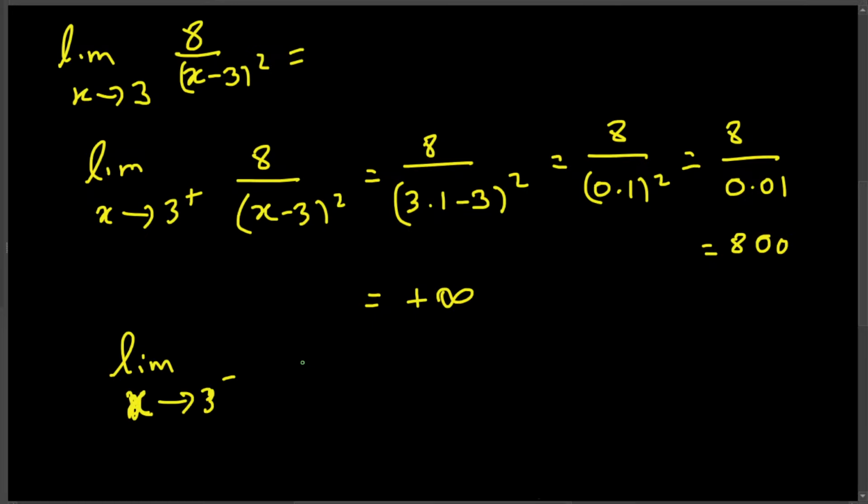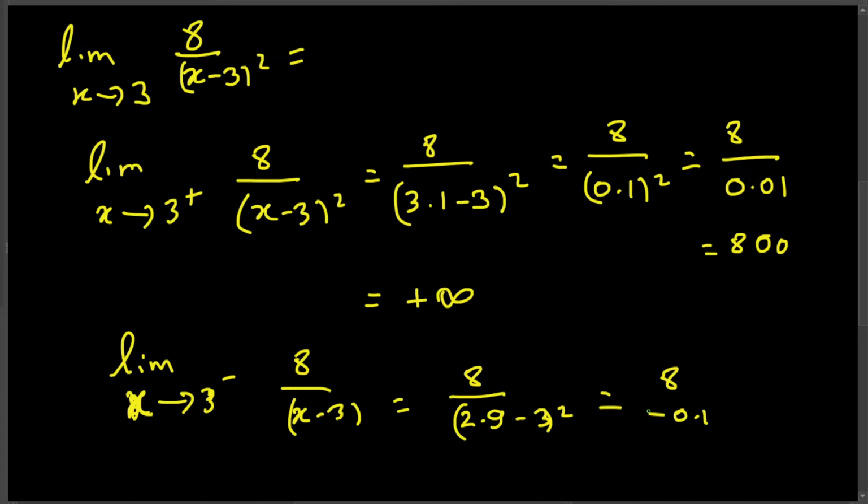Here we have to take a value that's less than 3 but closer to 3. We can take 2.9. So 8 over (2.9 minus 3) squared. If you do that, you're going to get 8 over negative 0.1 squared. And if you square a negative value, that becomes positive.